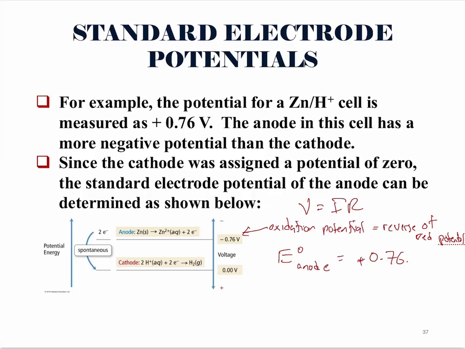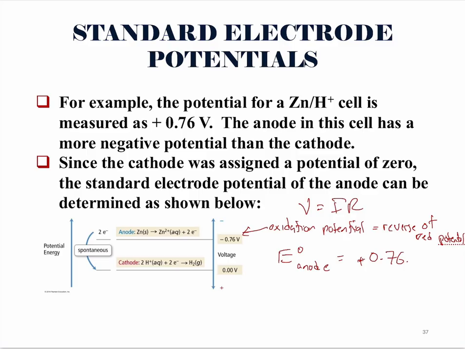And in tables, where you're going to have to look up tabulated values, things are usually given as reduction potentials. I know there are negative signs, positive, minus, oxidation, reduction, anode, cathode, direction of current, direction of electron flow. These are all flowing in different directions, right?